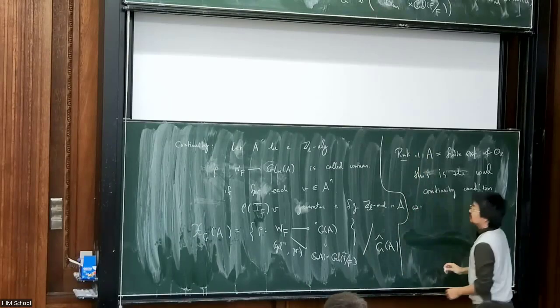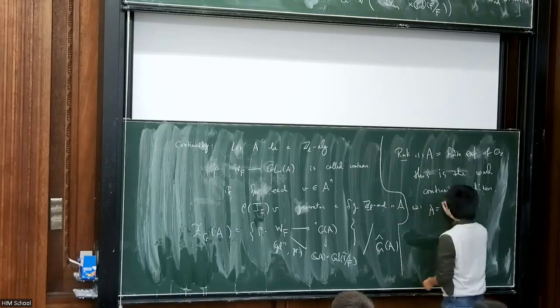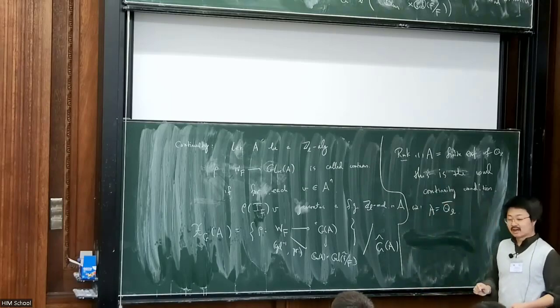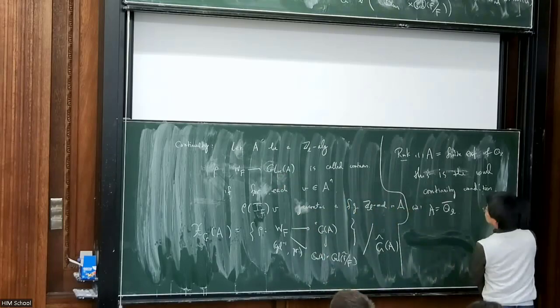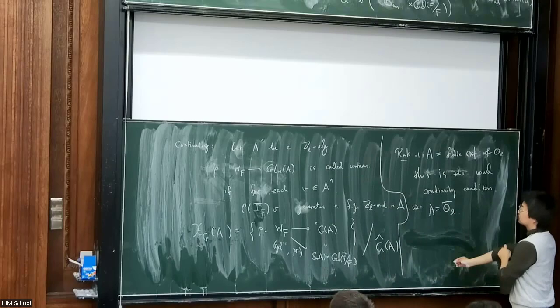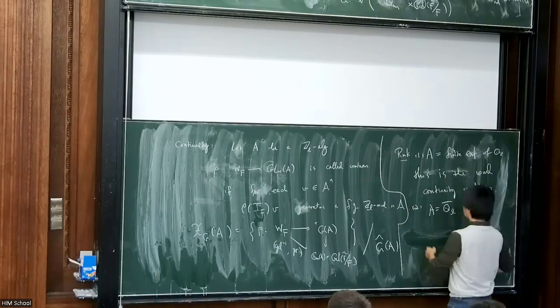If A is Q_l bar, actually, then it would be easy to say that this actually automatically factors through some finite extension of Q_l.